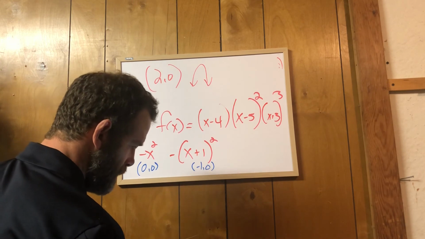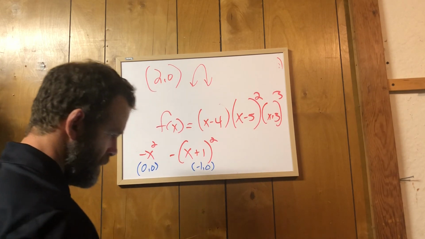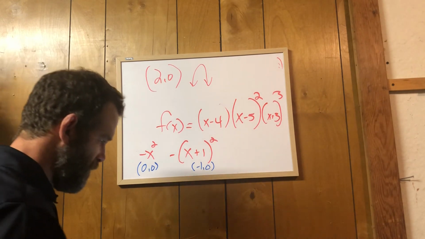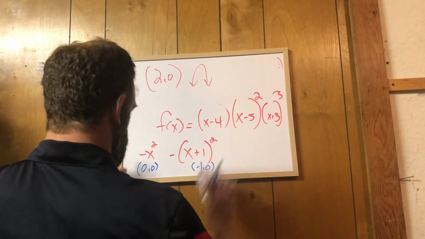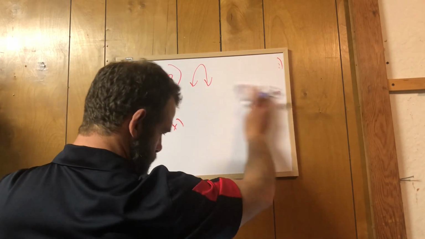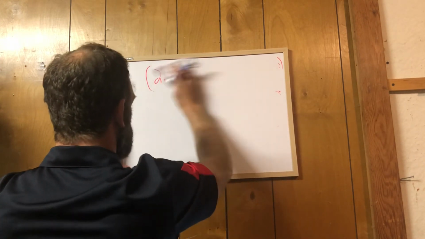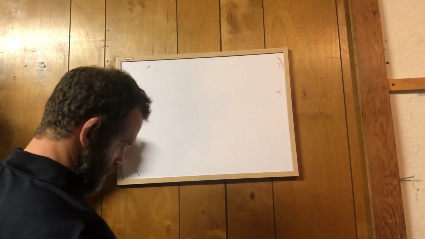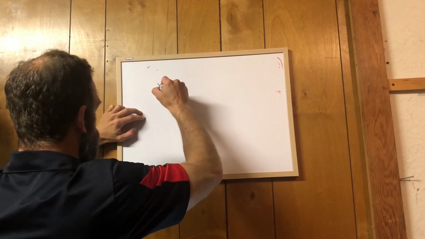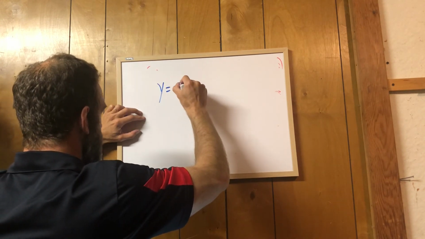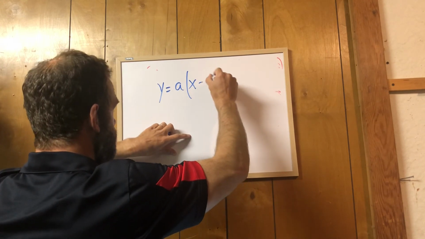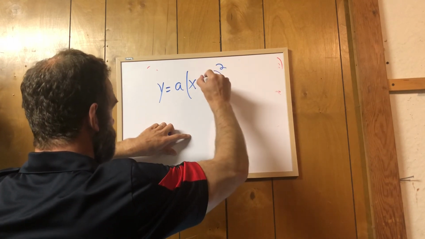Number 19, we did the same exact question a couple questions ago, where you have vertex form and you have to find your A. You have to plug a coordinate back in to solve for your A. Y equals A times x minus your x number for your vertex, which was -2, squared, so plus 2.